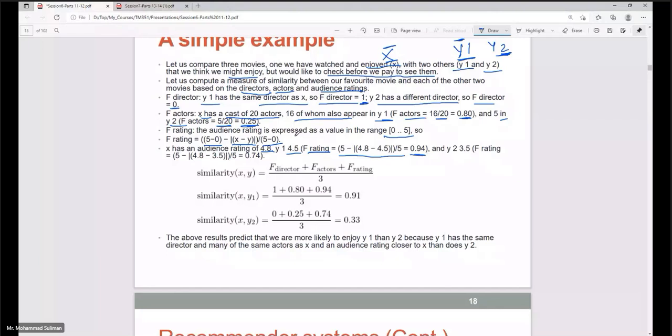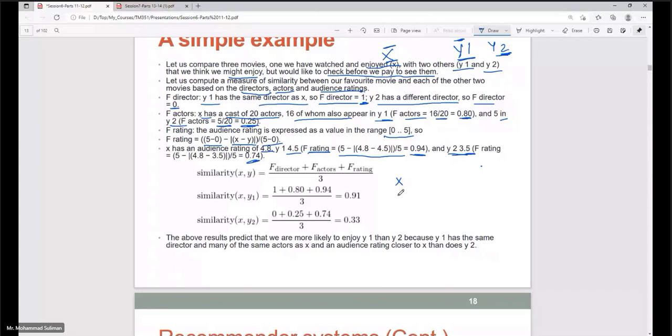So we find the values of these factors. Three factors we are considering here. Let me put it in the form of a table for movies X, Y1 and Y2.